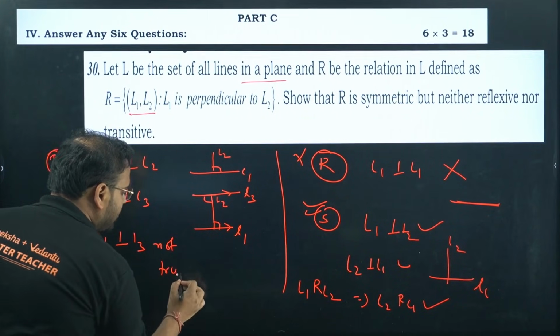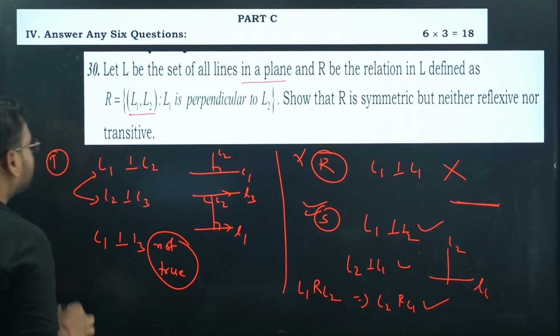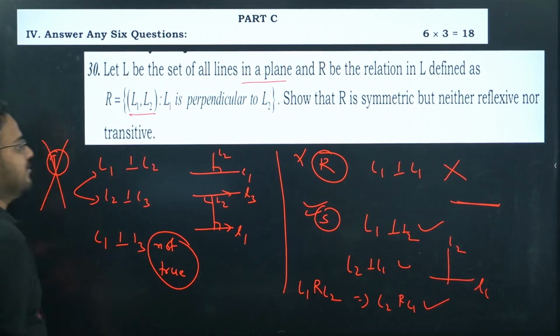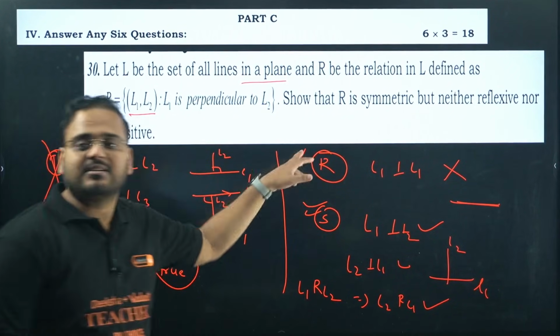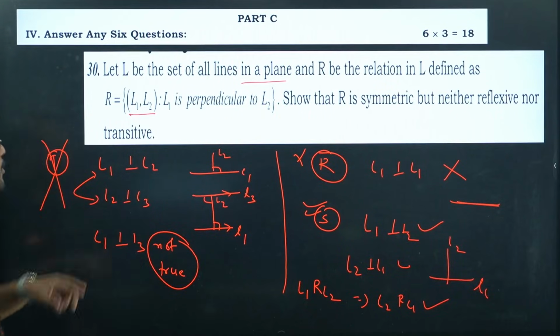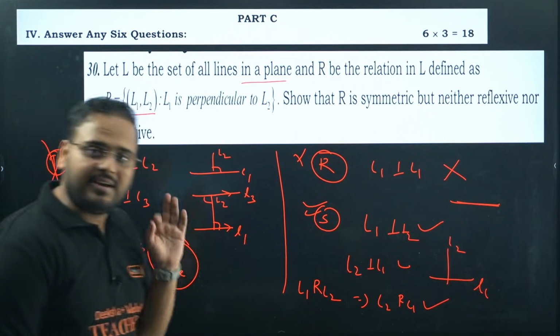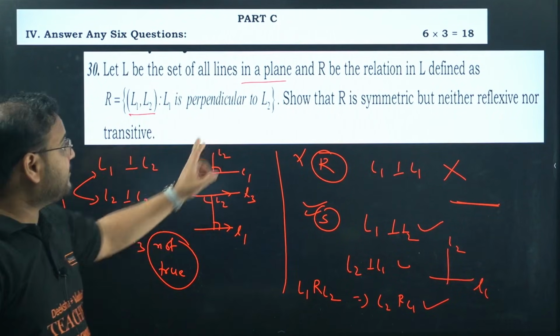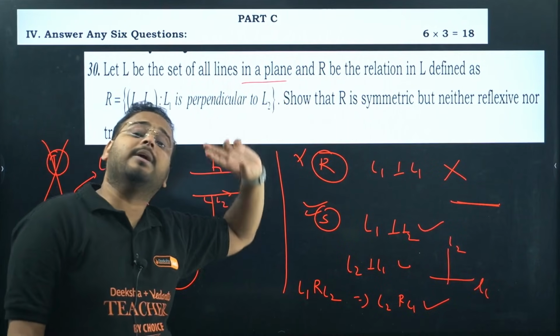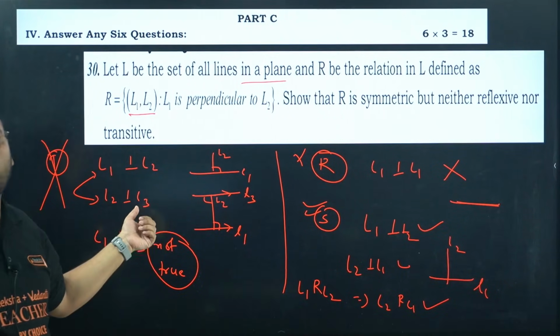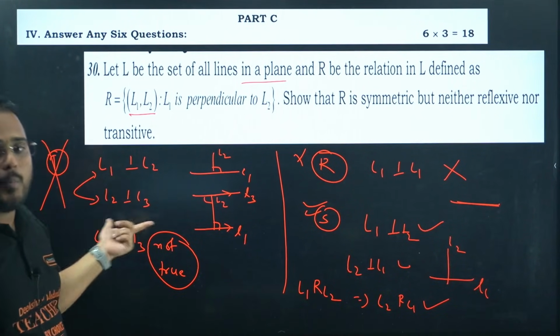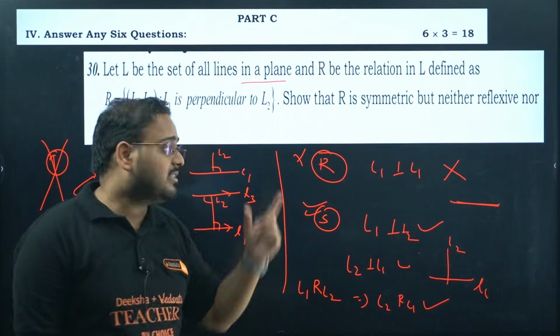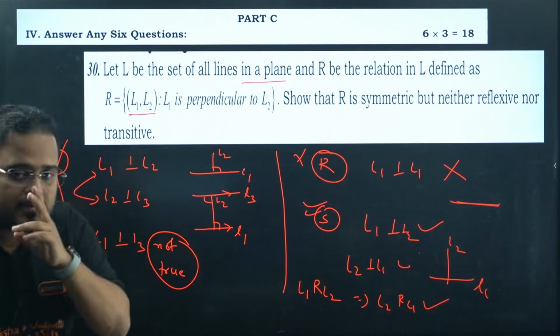Hence, the given relation is not transitive. So you have only symmetric; reflexive and transitive not possible. Okay, getting the point? If it was not in the same plane, then the story will be different. Then we can say that this will be possible. But right now, with the same plane, not possible. Clear?